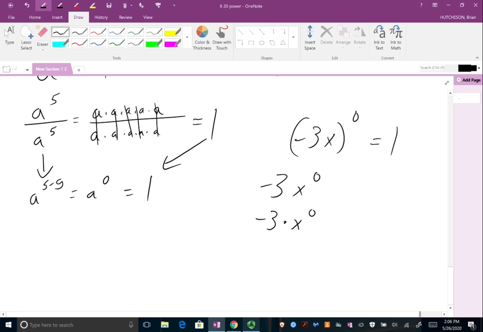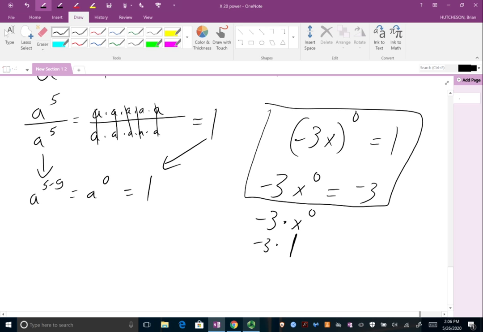And what do we do first, multiply or exponents? Oh, we do the exponents. This is negative 3 times, well, x to the 0 power is 1. This guy is equal to negative 3. Those are two very, very sneaky guys.